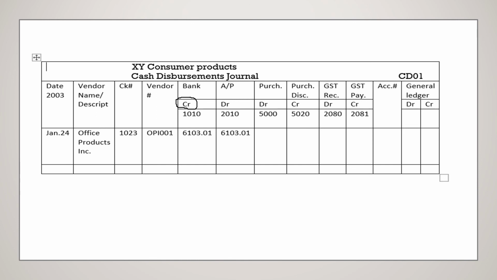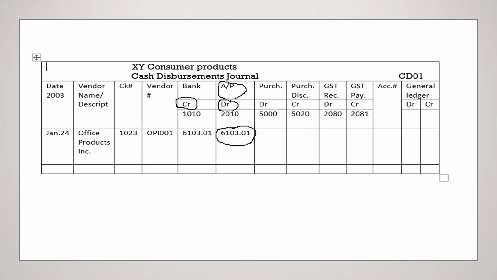Here you have AP account. AP account is the account payable. It was credit before because it was a liability account. It is still a liability account, but when the liability account amount reduces, you debit, and this is the amount that you debit to your account payable.